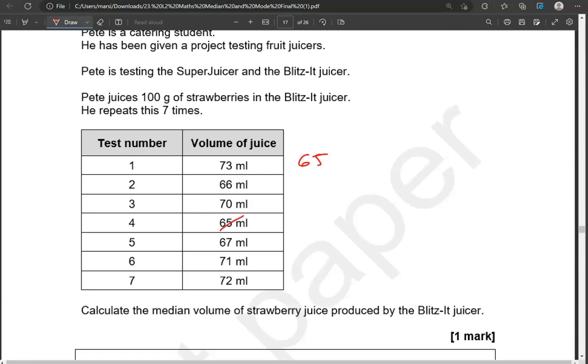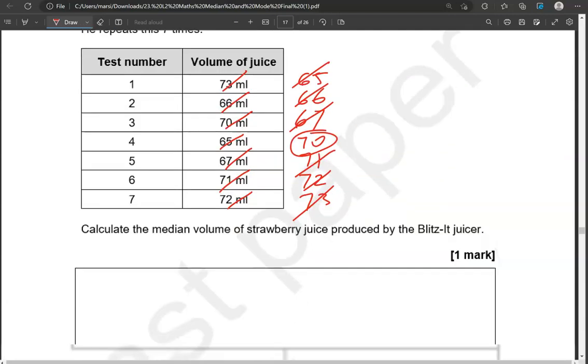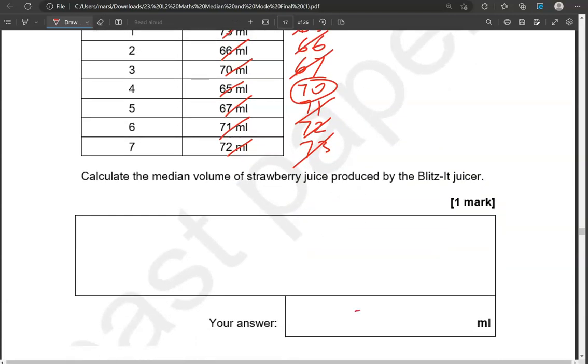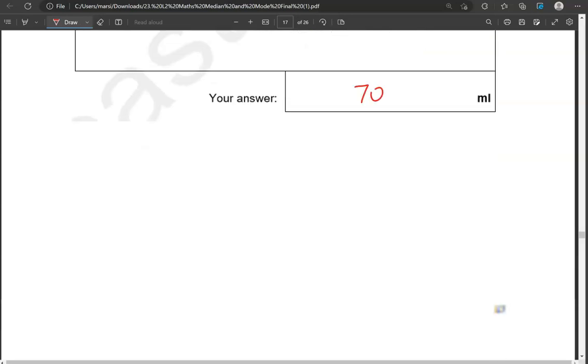Then we have 66, then 67, then 70, 71, 72 and 73. Crossing out 1 on each side gives us 70. So that is 70 milliliters.